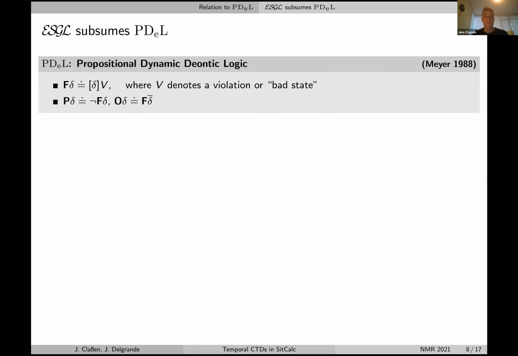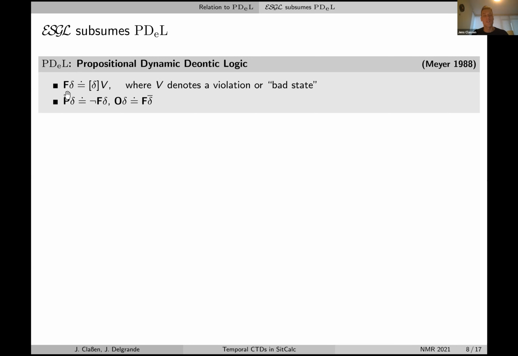And so in the aforementioned paper due to Meyer, this is about his proposal for a propositional dynamic deontic logic, which he calls PDeL, which is based on a very simple yet elegant reduction idea.